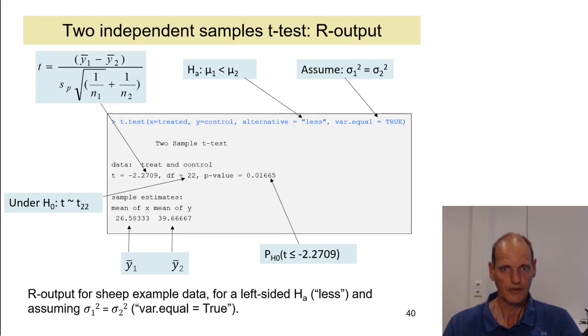Also the sample estimates y bar 1 and y bar 2 are given. So we see the outcome of t, we see the alternative hypothesis reflected in the R output, we assume equal variances, t22, and finally here the p-value.